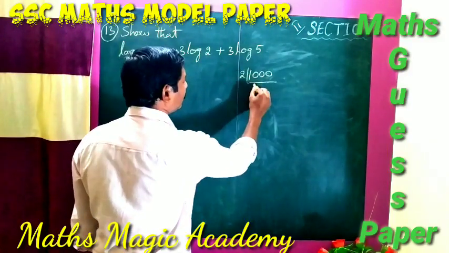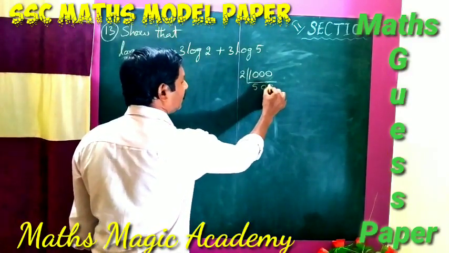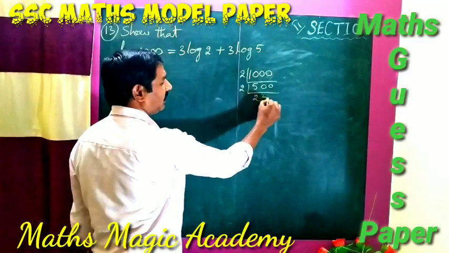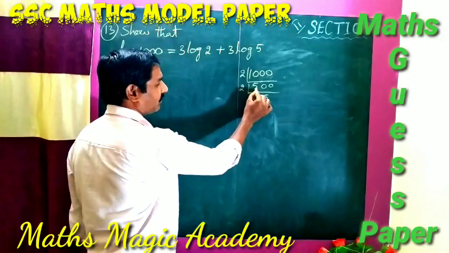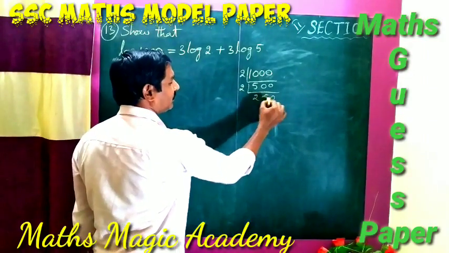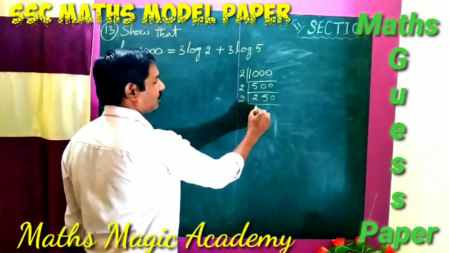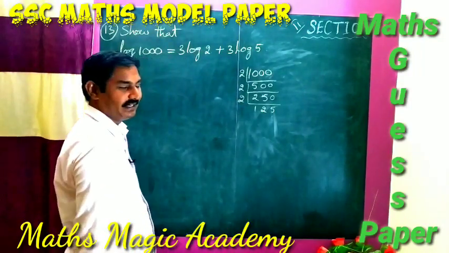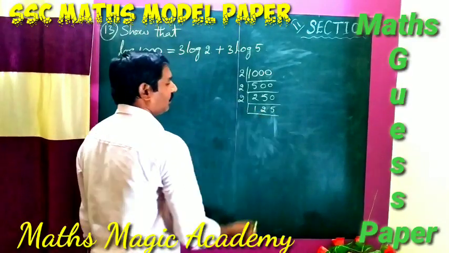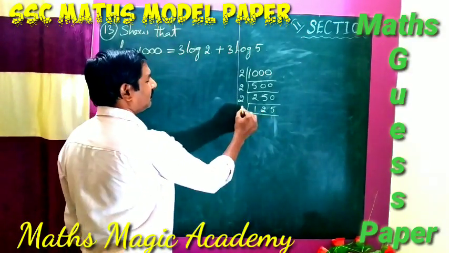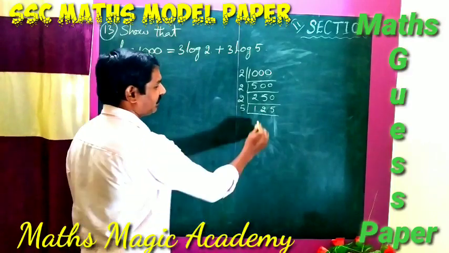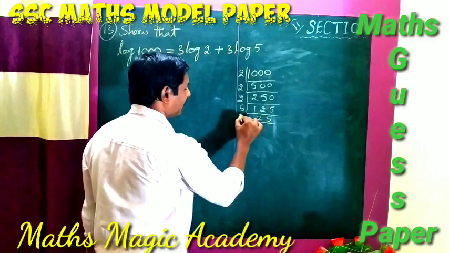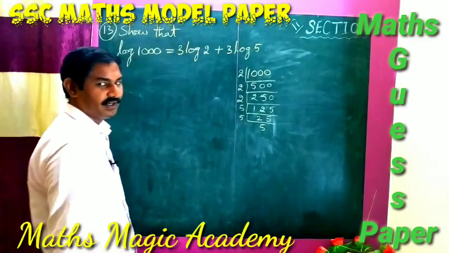I will start with 2, 2 5s are 10, 0, 0, and again 2, 2 2s are 4, and 2 5s are 10, 2 2s are 4, remaining 1, 1 10, and 0, and here again 2, 2 1s are 2, 2 2s are 4, 2 5s are 10, and we'll go for 5, so that 5 2s are 10, 5 5s are 25, and again 5 5s are 25.